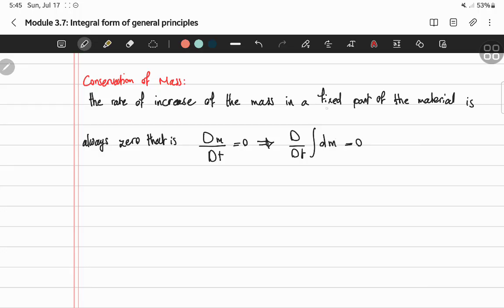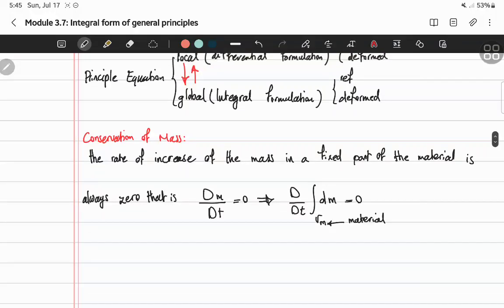This domain is Vm, the volume of the material, and this m refers to the material. So now you can see that the material derivative of this small dm is equal to 0.